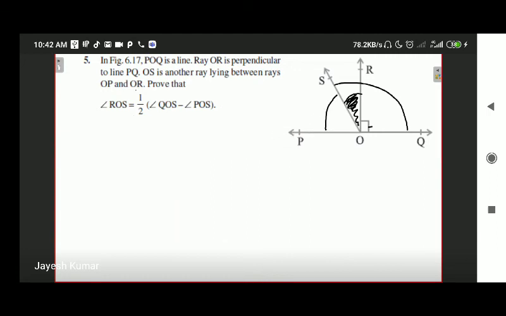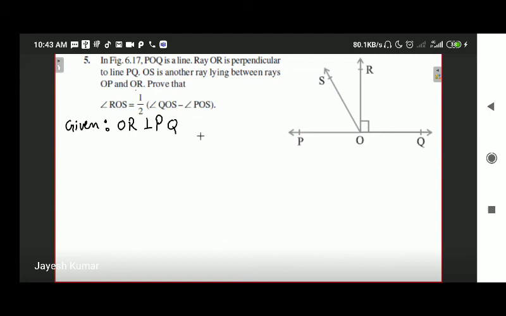I am going to take the largest angle asked in the question. I am going to start with angle QOS and move from there. First of all, let us write down the given and to prove. It is given to us that OR is perpendicular to PQ.